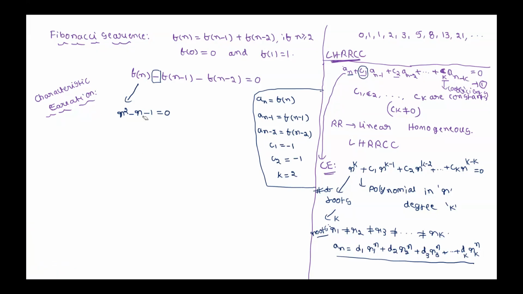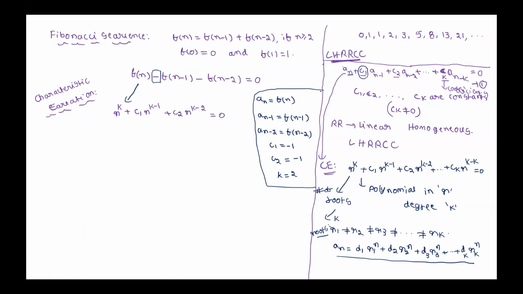Let me write the exact form: r power k plus c1 into r power k minus 1 plus c2 into r power k minus 2 equals 0. Is that correct?